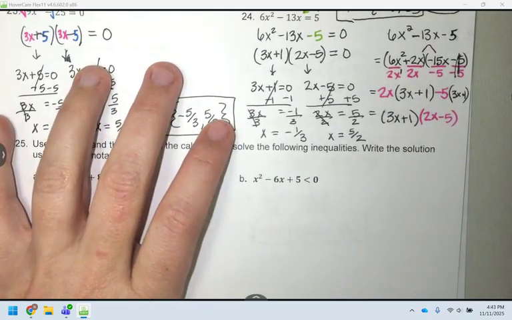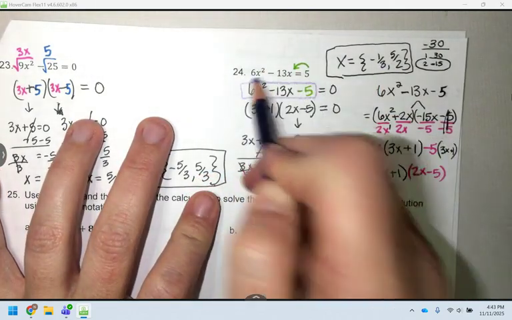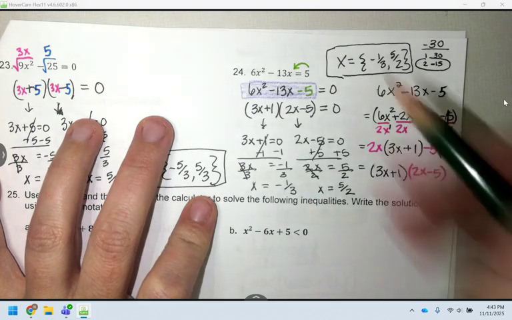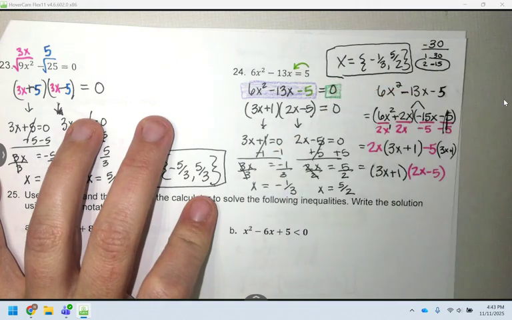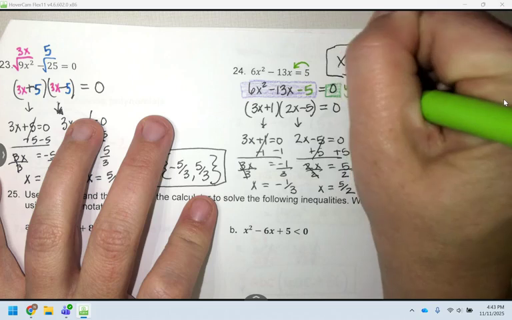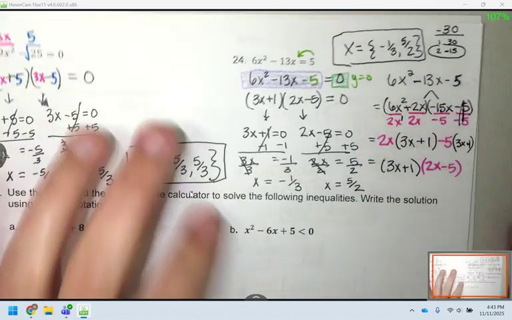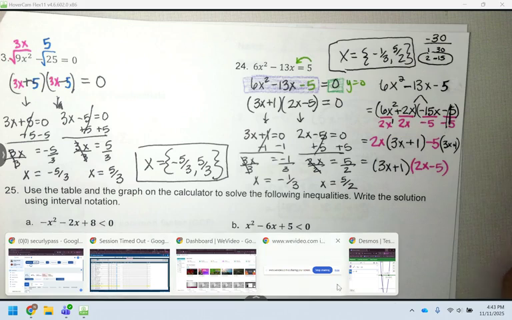So I want to use the same colors. Line 1. Line 2. Remember, you're going to have to type in y equals 0 to get a picture of that. So I'm just checking number 24 in Desmos just to show you how to do that.